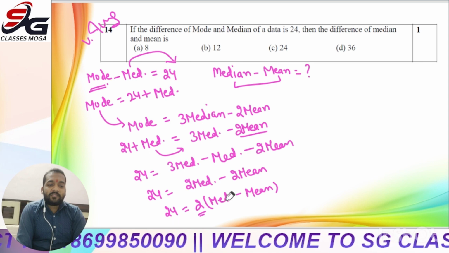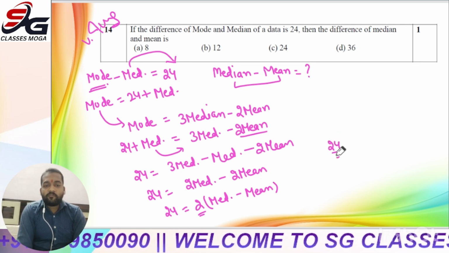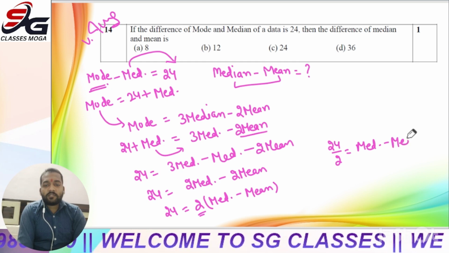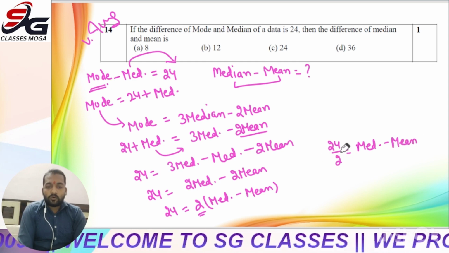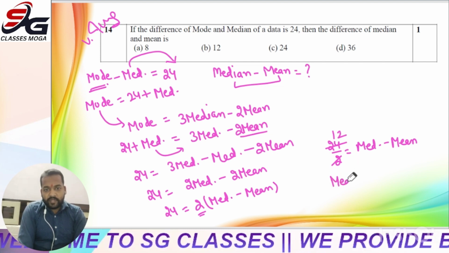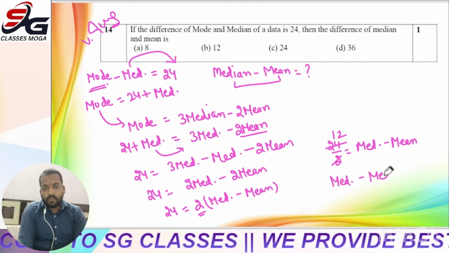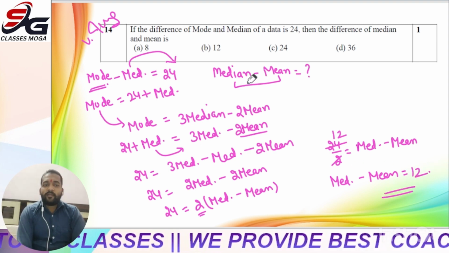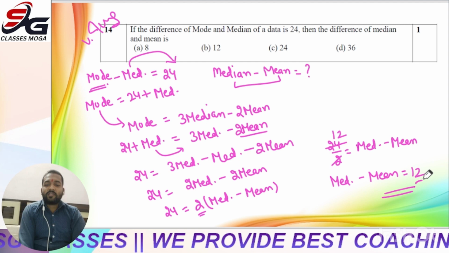Now divide with this 2. So you get 24 by 2 is equal to median minus mean. So it cuts to 12. So median minus mean is equal to 12, so the answer is 12.